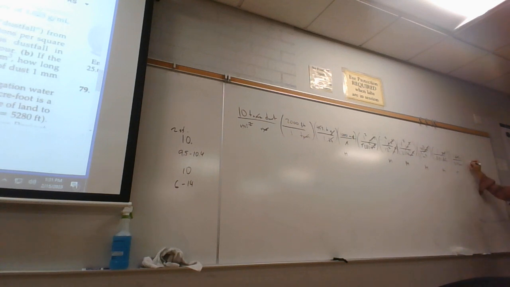And so I calculate 4.8649 milligrams of dust per square meter per hour.